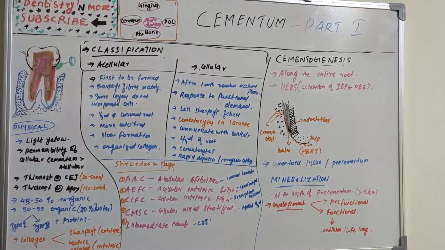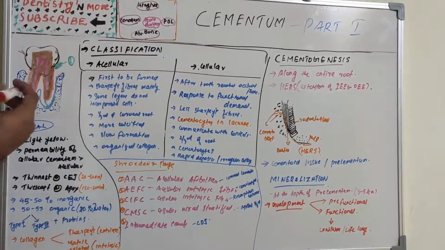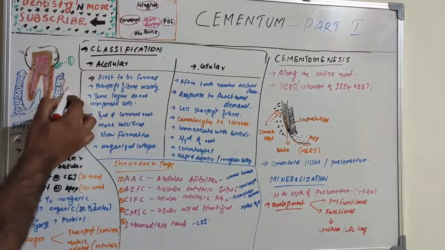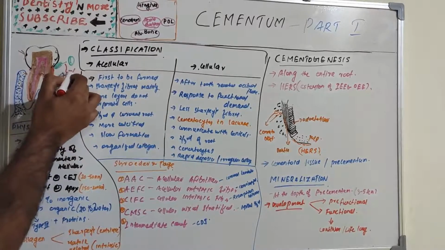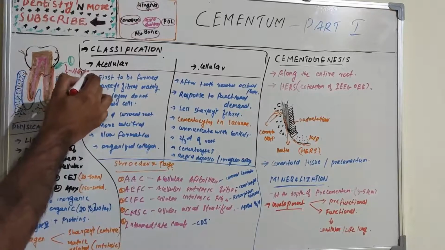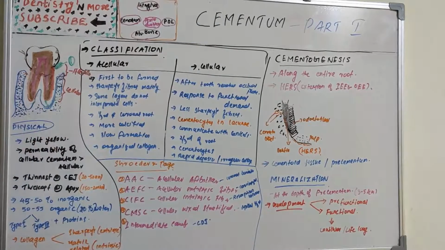Okay, so this is the 2/3 of the root portion. Okay, this is cellular, and this little bit portion is acellular, and its deposition is more rapid, and collagen fibers are irregularly arranged.